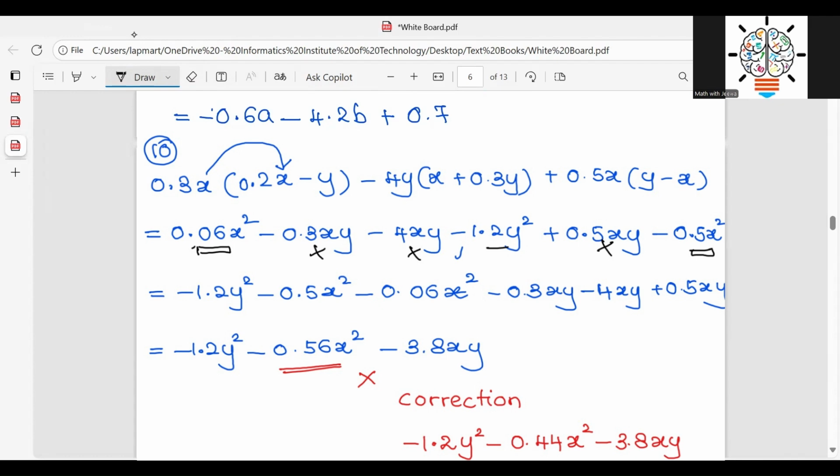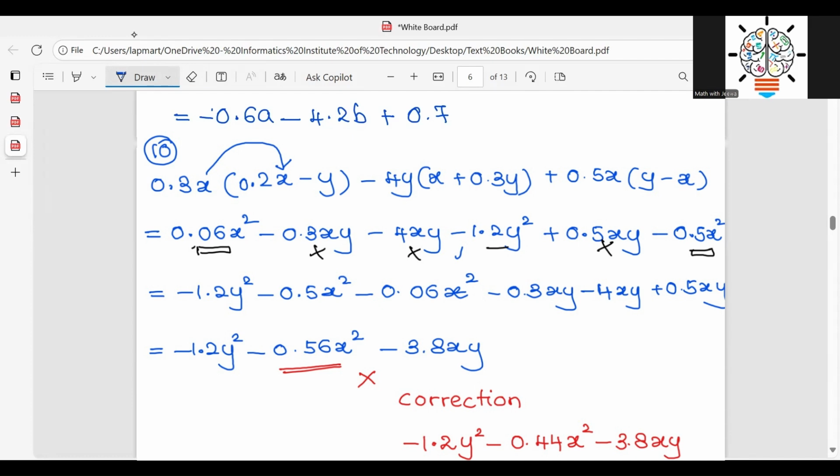Right? Then I have 0.3xy, 4xy plus 0.5xy.